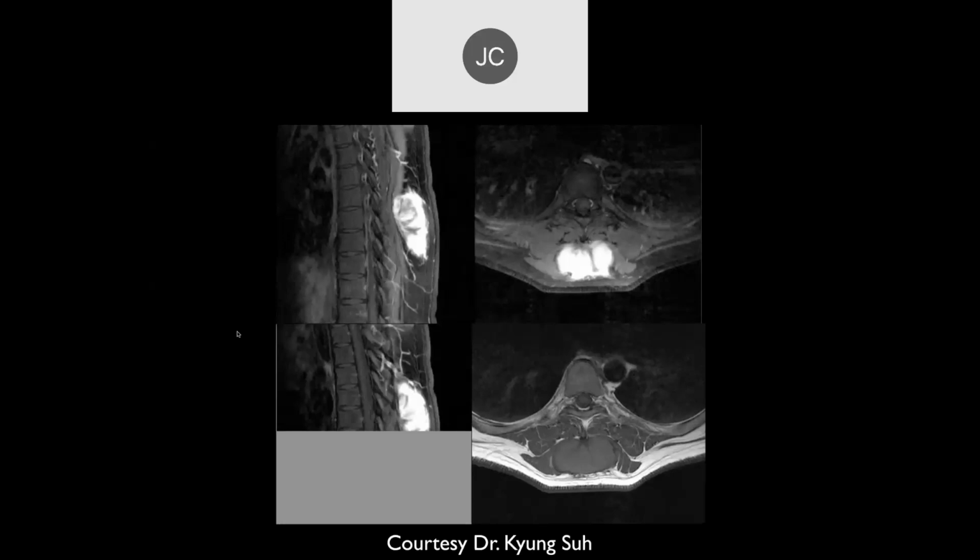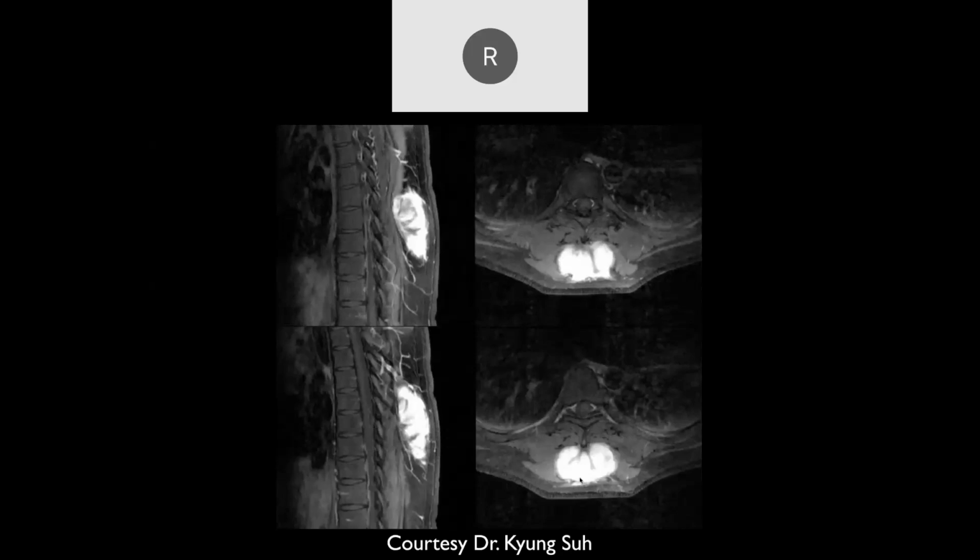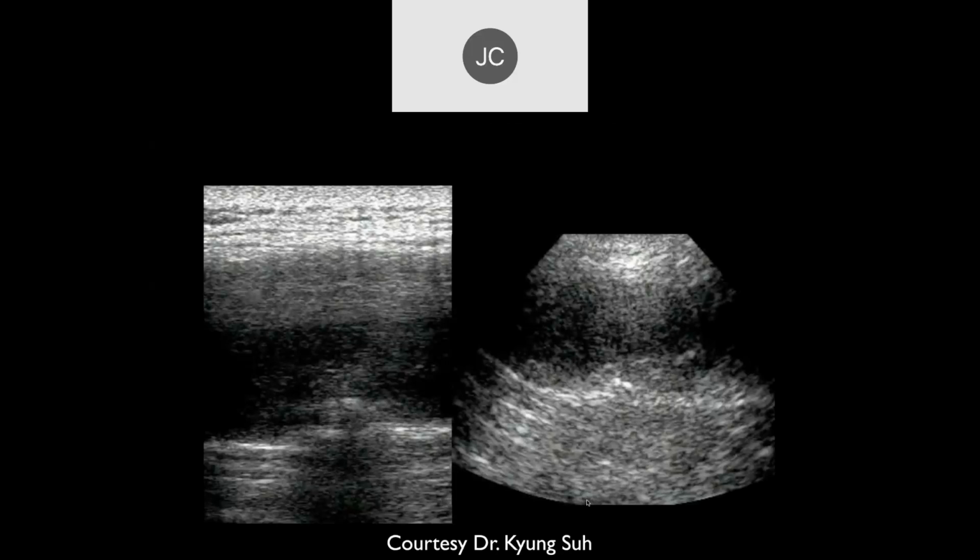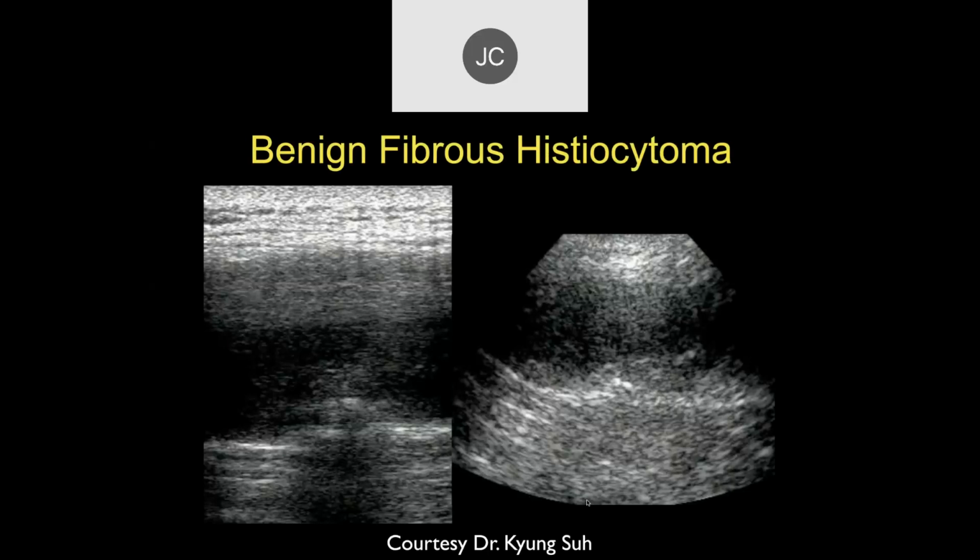Now we have some MRs, and there's some fat sat imaging, and it looks like there's a bright lesion in the paraspinal soft tissues. It's almost directly centered over the spinous process in that T-spine. Looks pretty well defined. There's the ultrasound. Doesn't look cystic. This was a benign fibrohistiocytoma.